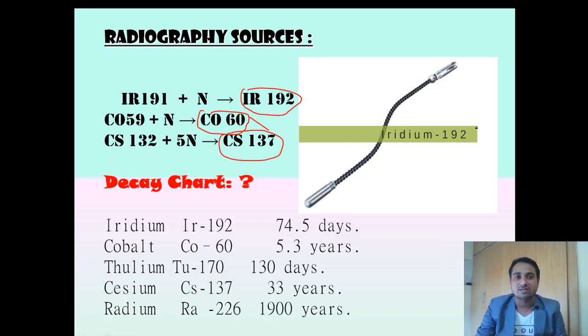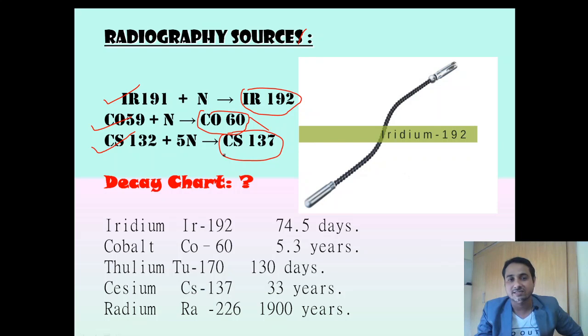By bombarding with neutrons, iridium 191 adds one neutron and becomes iridium 192. It becomes radioactive. Similarly, cobalt 59 plus the bombardment of one neutron becomes cobalt 60. And similarly, selenium 132 plus 5 neutrons becomes selenium 137. So after bombarding, it becomes radioactive.